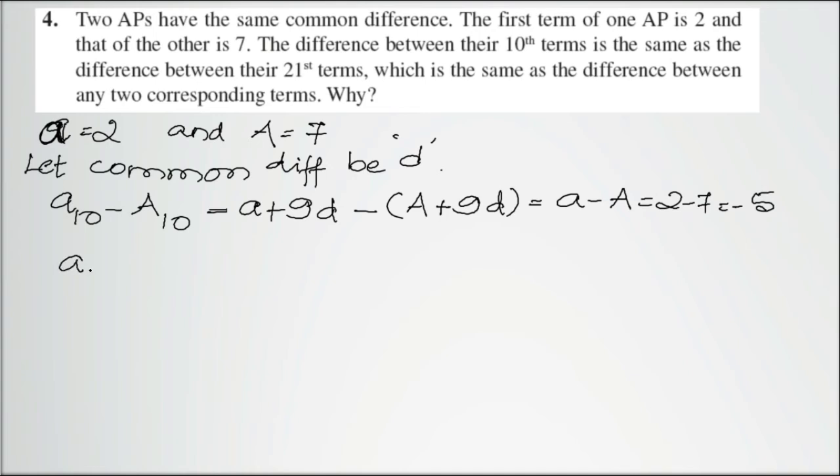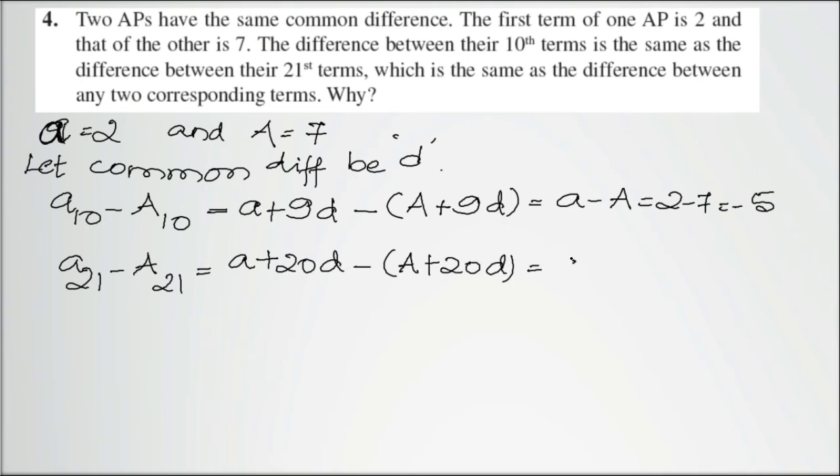In a similar way, let us find the difference between their 21st terms. It will be a plus 20d minus capital A plus 20d. This will also be the same as a minus capital A, which is equal to minus 5.